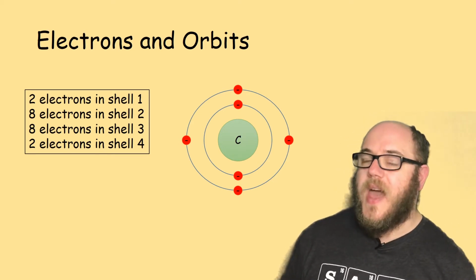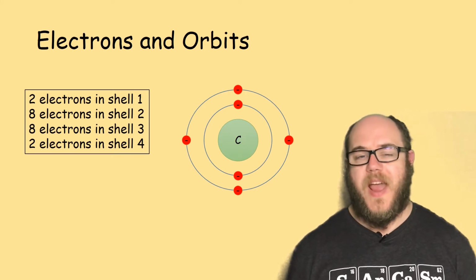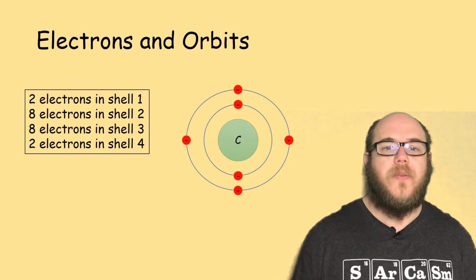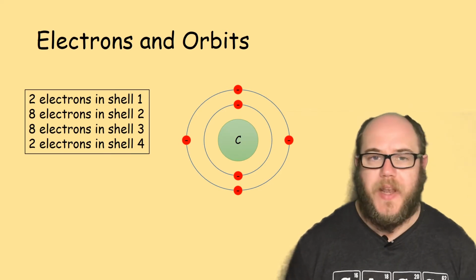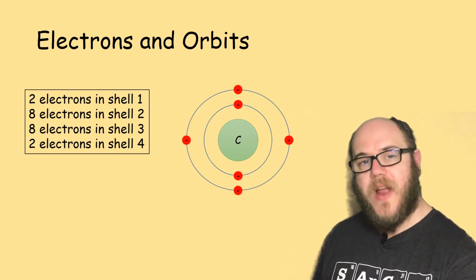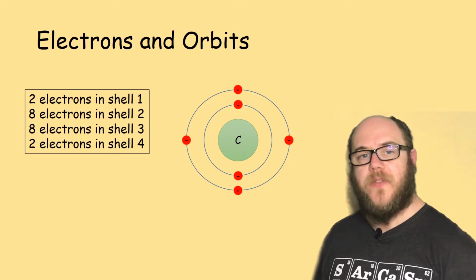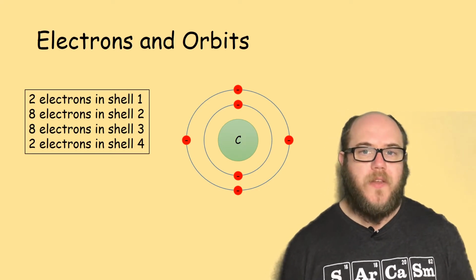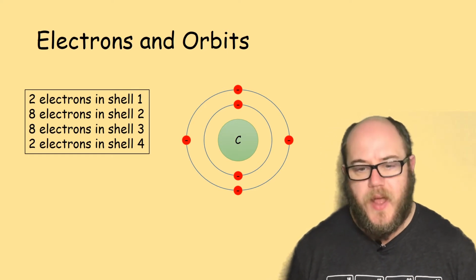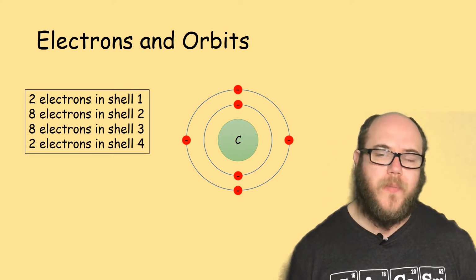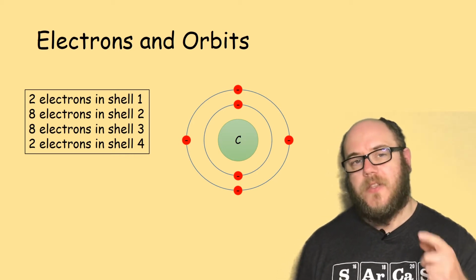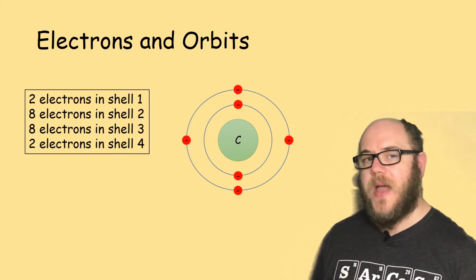Now this can be explained when you look at A-level chemistry and A-level physics, because as the electrons are closer to the nucleus, they're more tightly bound, because they're attracted to the positive protons in the center of the nucleus. Remember, they're negatively charged. So they're flying around the outside and they want to be as close to the protons as possible. Now, the inner shell can only have 2 electrons, so those 2 electrons are very tightly bound.